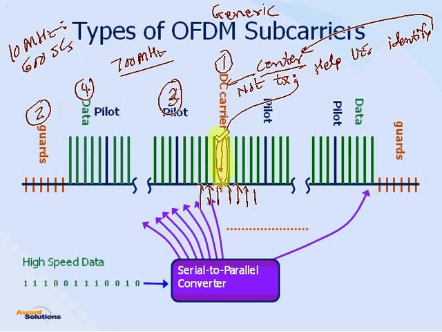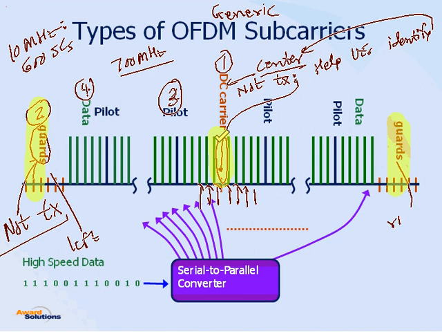Another kind of subcarrier that we have is guard subcarriers. Now, guard also not transmitted. DC not transmitted, guard also not transmitted. Now let's think about this. There is something so-called guard on the left side of the spectrum, on the right edge of the spectrum, and we do not transmit those, no energy.